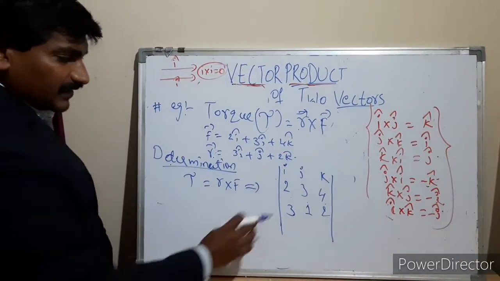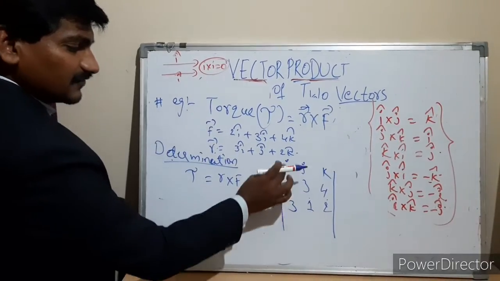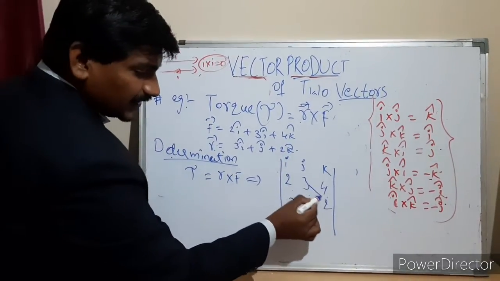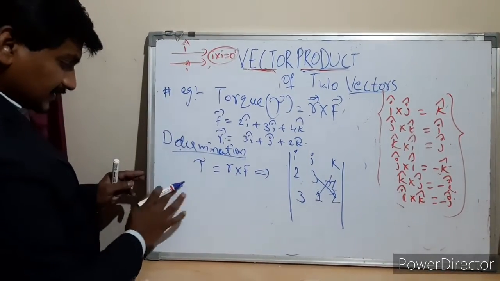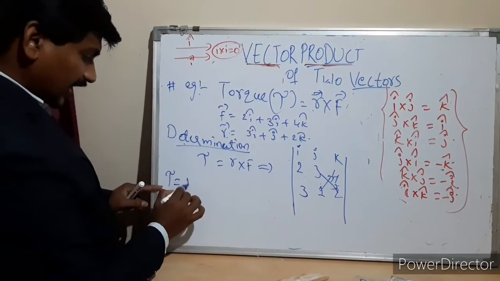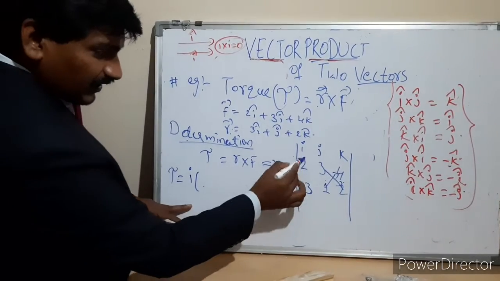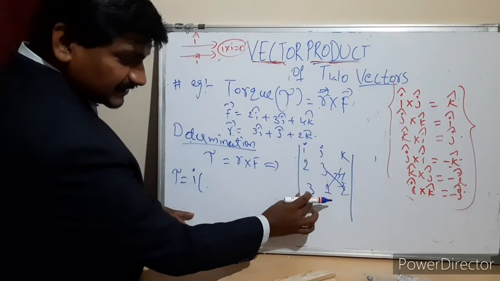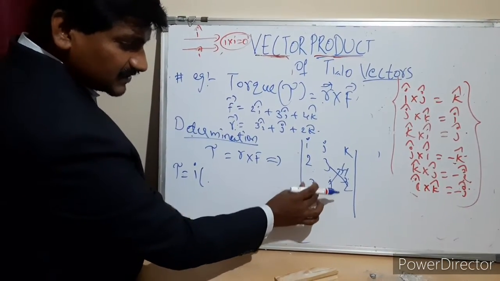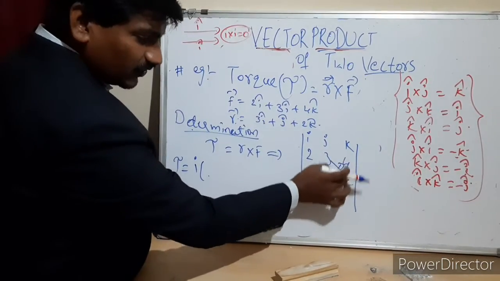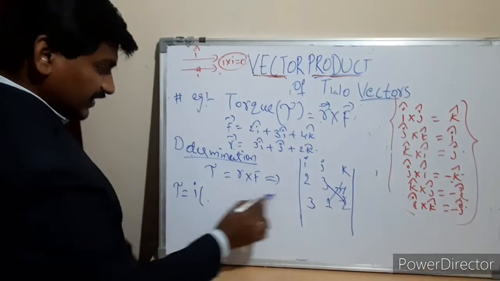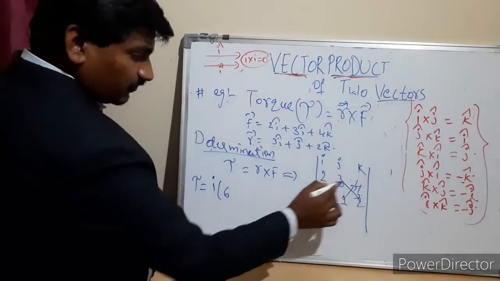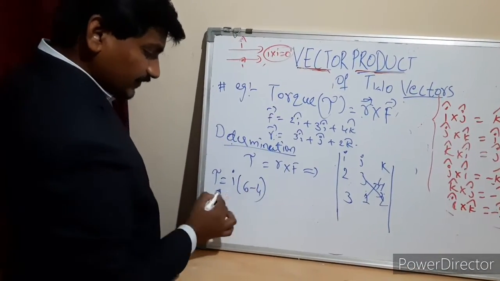There is a method. First, when we need to find the i component, we have to cross multiply these two. So tau equals i into this part, and we are doing only this cross product of the other two components: 3 times 2 is 6, 4 times 1 is minus 4.